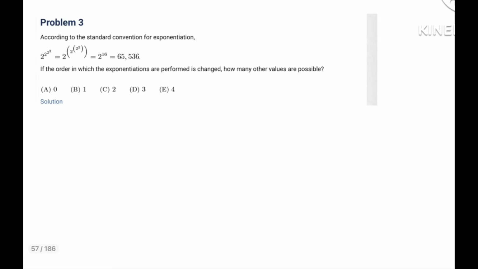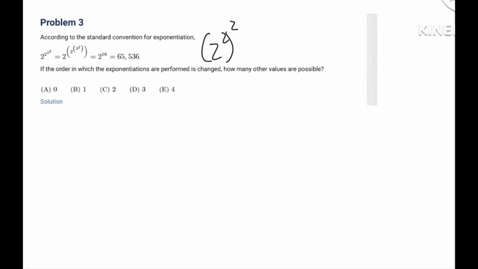Problem 3. According to the standard convention for exponentiation, 2 to the 2 to the 2 to the 2 equals 2 to the 16th power, which is 65536. If the order in which the exponentiations are performed is changed, how many other values are possible? For this one, you have to note that 2 to the 2 to the 2 is the same regardless of how you perform the exponentiations.